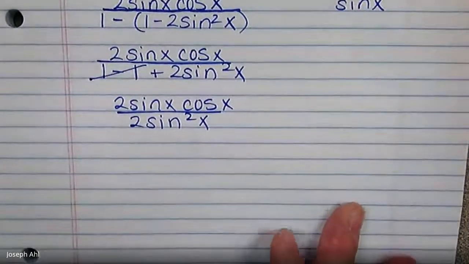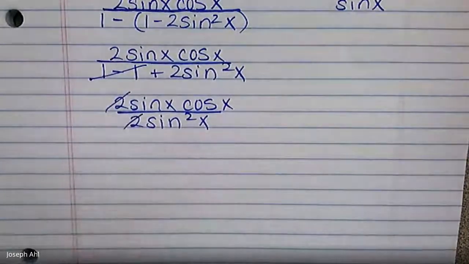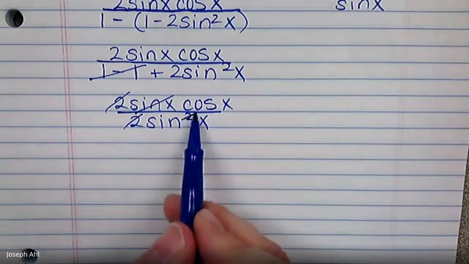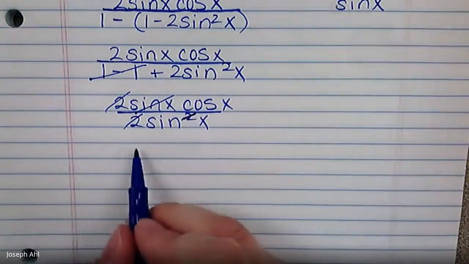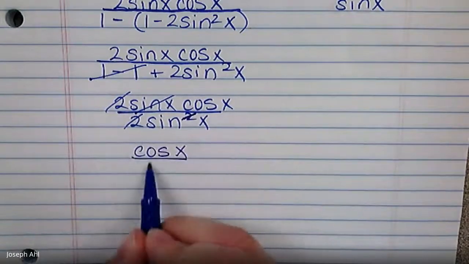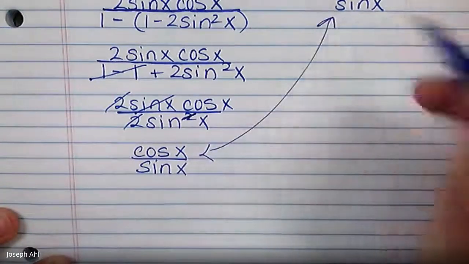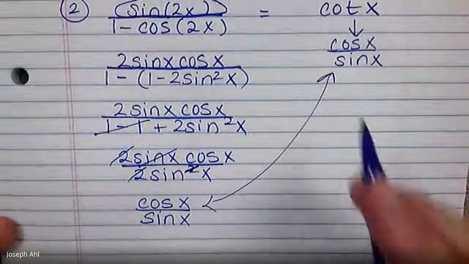Let's see what happens when I simplify this. Well, first of all, the 2's cancel on the top and bottom. This sine x on top cancels with one of the sine x's on the bottom to leave you with cosine over sine, which is, of course, cotangent. That's what's on the other side.